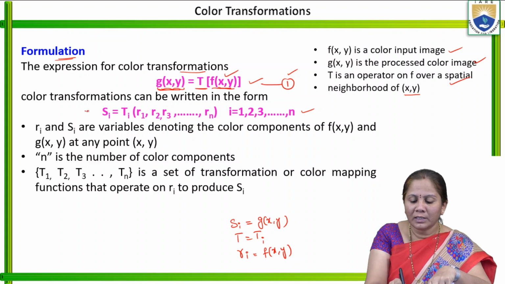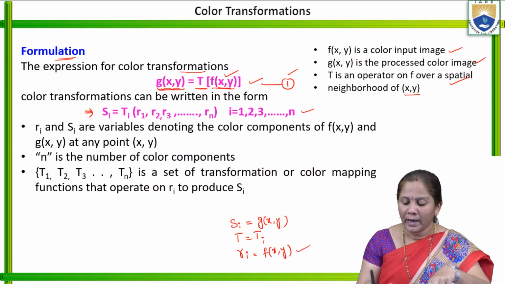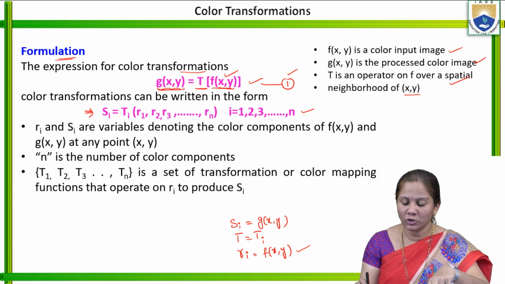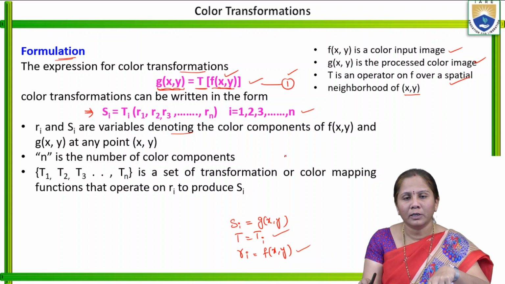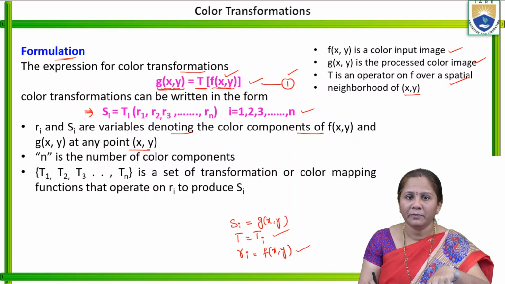Similarly, for this representation also, we can consider Ri and Si are the variables where Ri represents the input color image and Si represents the processed image or the output color image, and Ti represents the transform that is going to be performed on the input color image. So here Ri and Si are the variables denoting the color components of f of x comma y and g of x comma y at the point x comma y.